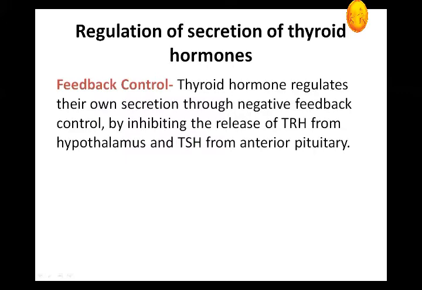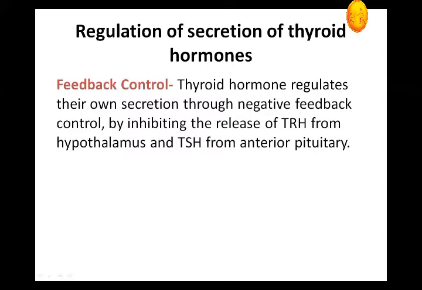Then the important one is, I think you double underline this, effect on the central nervous system. It's very important. During fetal life, when the baby is in the womb of the mother, and after birth, up to 18 months, the thyroid hormone is important for the baby.